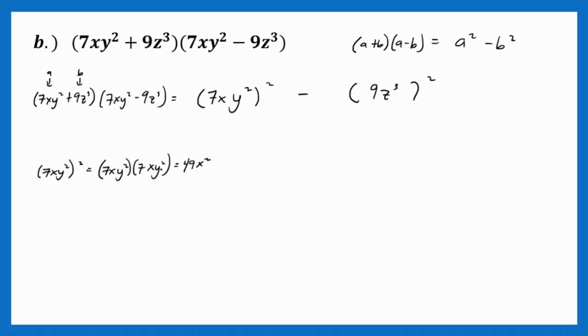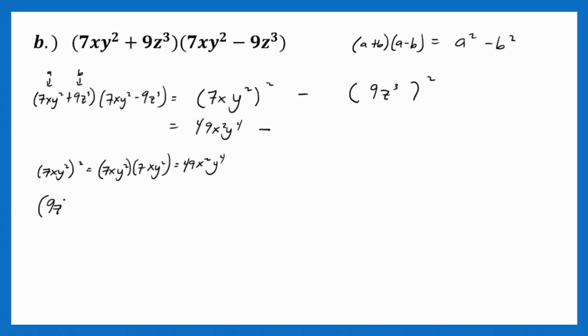Yung y naman, y by y. Dalawa yung y dyan, dalawa doon. So, i-plus mo lang, that's 4 na y. 2 plus 2 is 4. Okay? So, that's 49x squared y raised to 4. Huwag kayong malilito ha. Hindi porket dalawa na yung variable, di mo na alam kung anong gagawin. So, syempre, variable by variable na same ang base. Yun ang pag-uusapan natin. Okay?